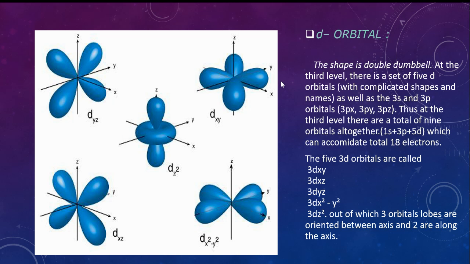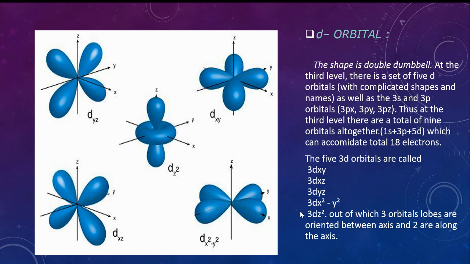If you observe these d orbitals, dxy, dyz, and dzx, these three are almost alike. That means these three come under one set and the remaining two come under another set.